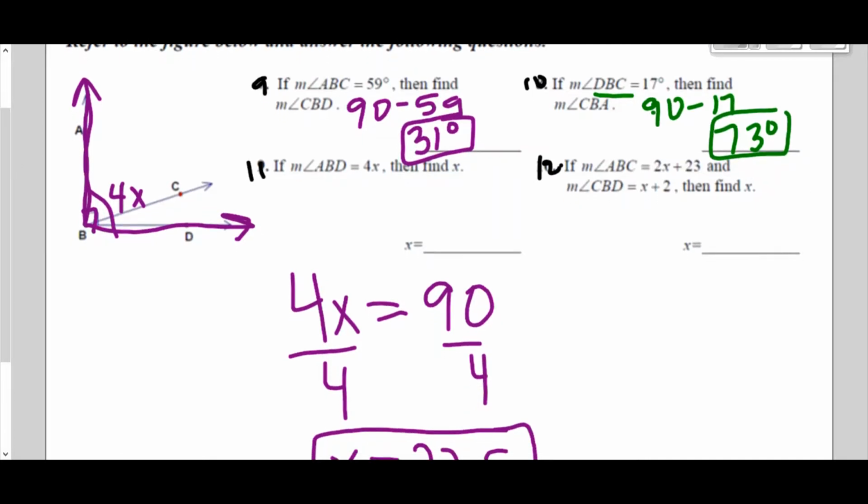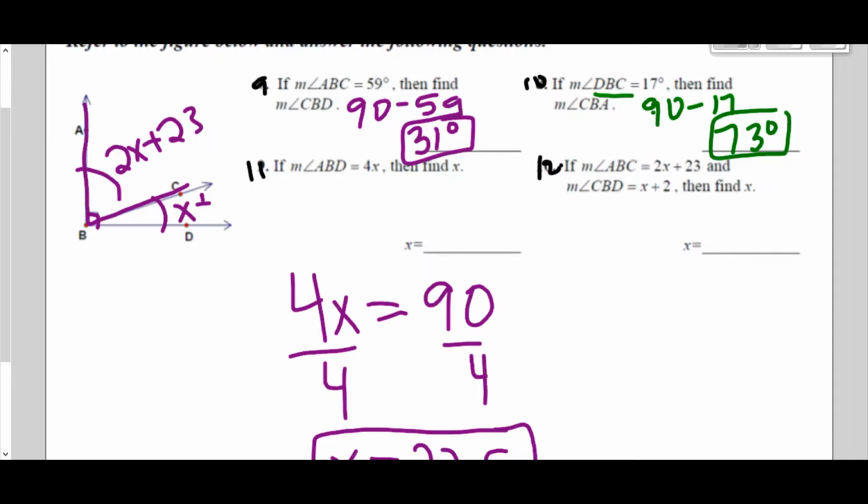And then number 12. So erase this. Again, remember, ABD is a 90-degree angle. It says if ABC is 2x plus 23, so here's ABC, and CBD is x plus 2, so that's this one right down there, find x.